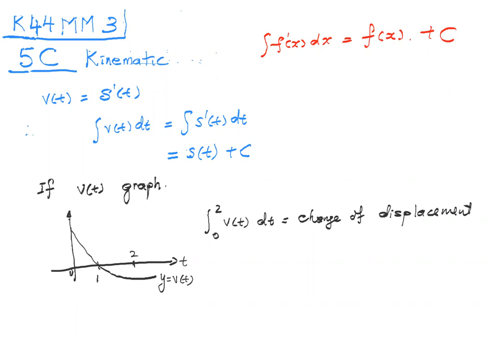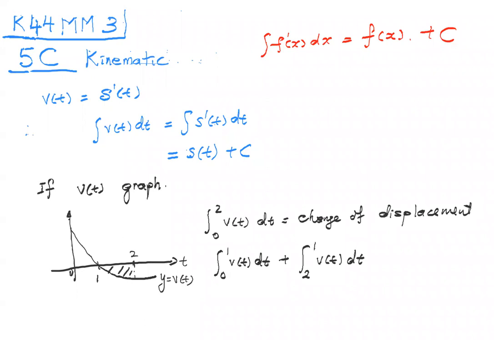But if I do it like that, from 0 to 1, v(t) dt, plus from 2 to 1, v(t) dt. Why do I have to invert the limit for the second one? Because the area is below the t-axis, correct?